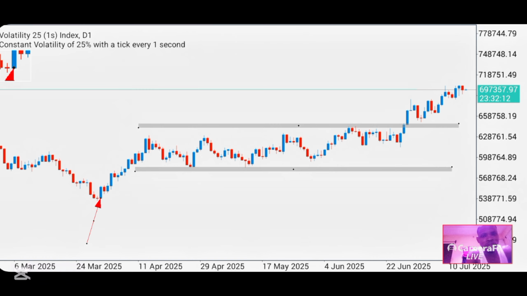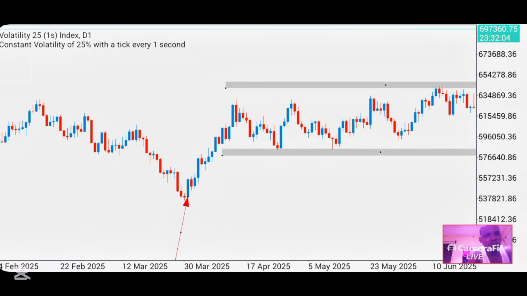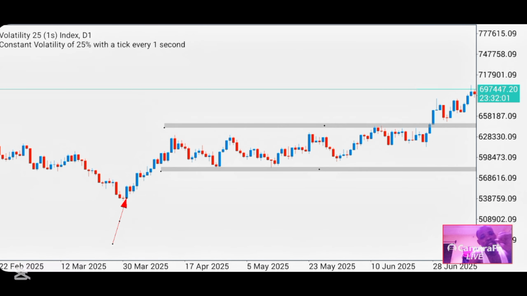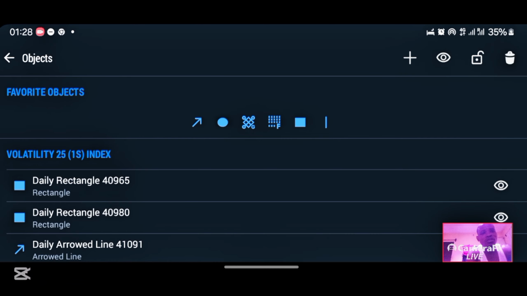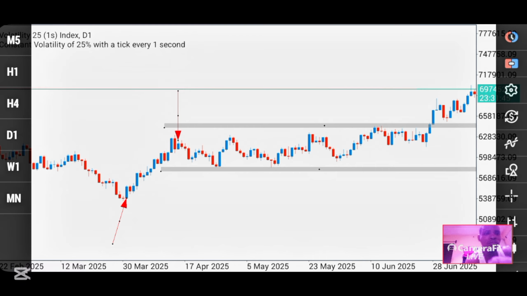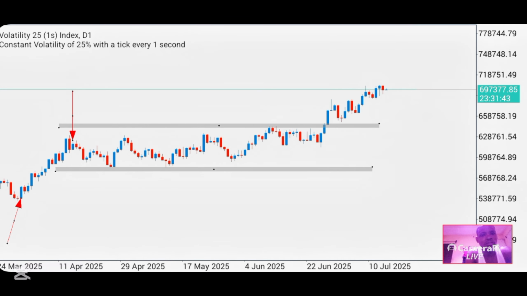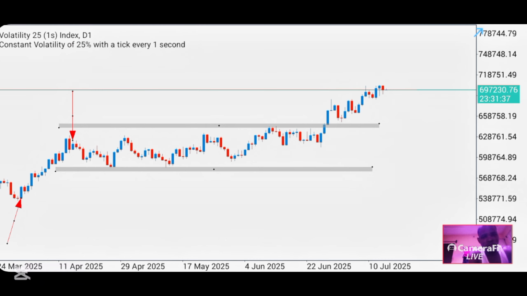From this point, this is where the market starts from. It starts navigating high. So this is the first high, from 1 to 2. The second, it goes low.